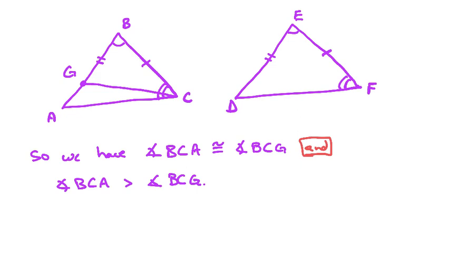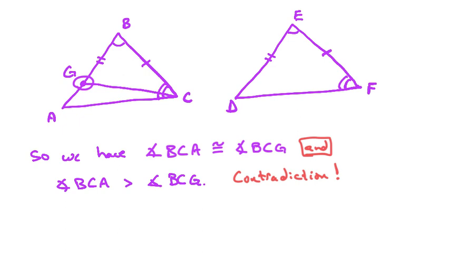And so what we have is that our angle BCA is congruent to angle BCG, and that angle BCA is greater than angle BCG. But an angle being the same size as another angle and also bigger than it gives us a contradiction. And so this means that our original assumption that we had a point G was wrong.